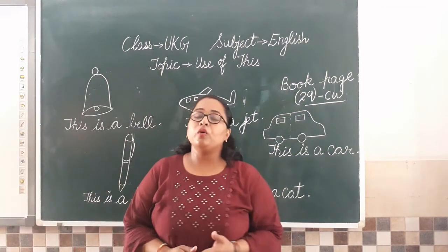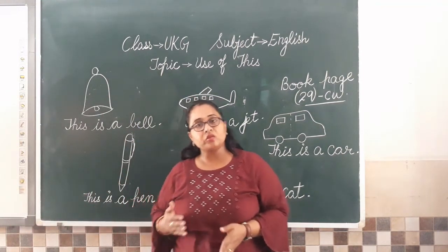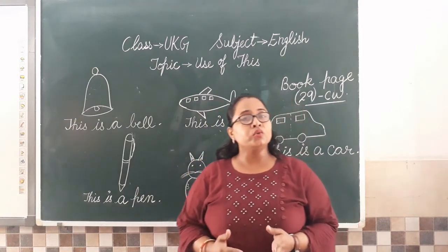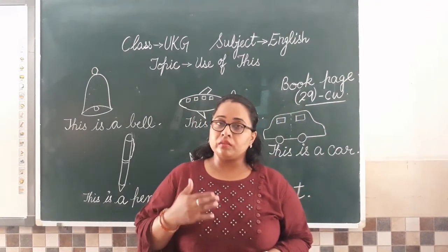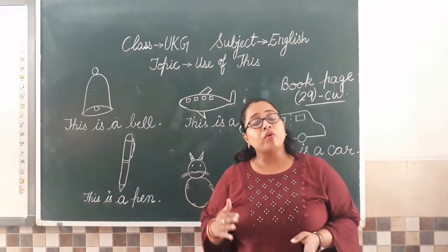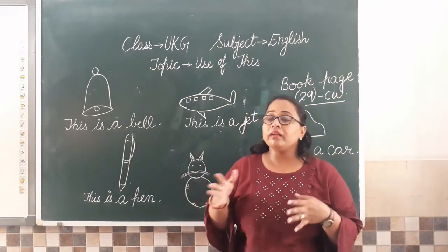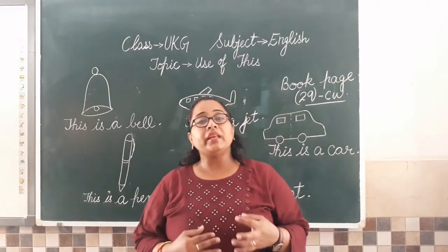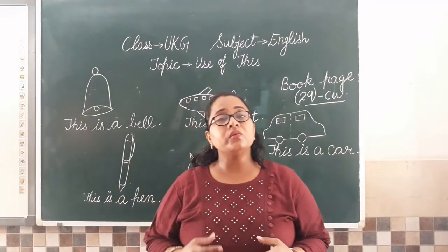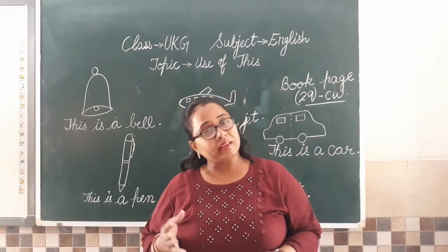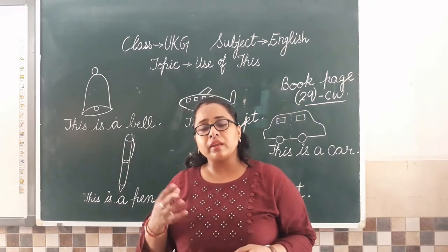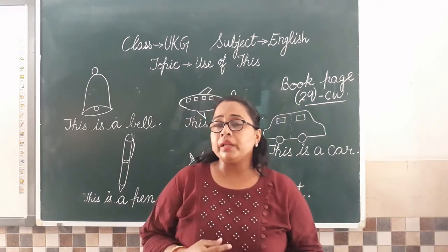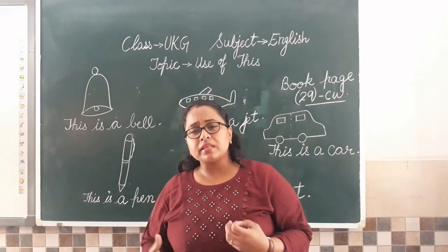So class, I hope you have understood our today's topic. The topic is use of this, and the word this is used for those objects that are near to us. जो ऑब्जेक्ट्स हमारे पास में हैं उनके लिए हम क्या यूज करेंगे? We will use this for that. Is that clear? So when you are sitting at home, when you are playing, so you can make some small sentences.